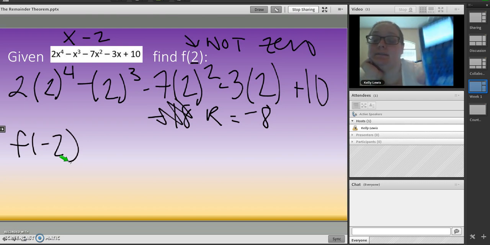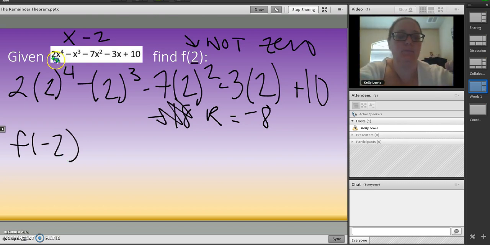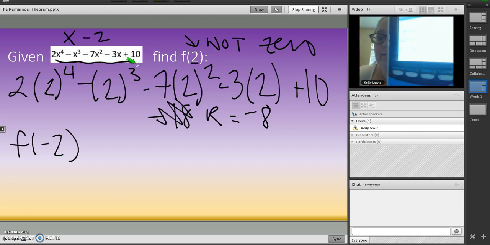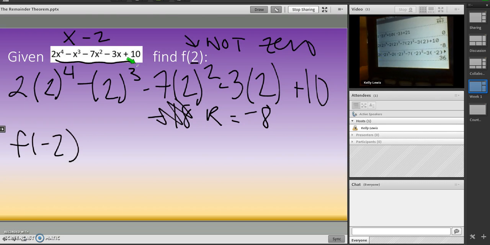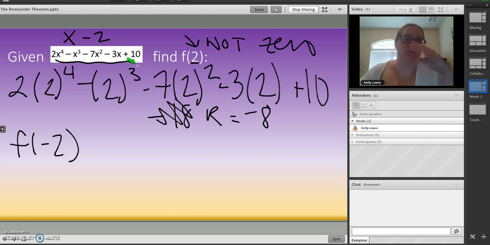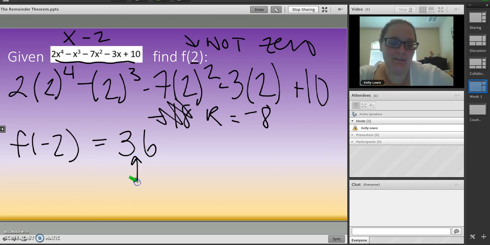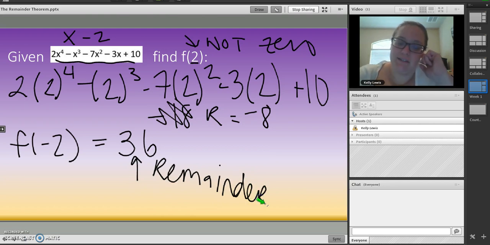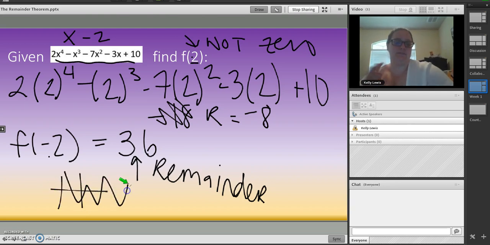I must have typed in something when I typed this guy in. Anyway, so I did -2. I got 36. So -2, just so you know. All right, so this is the remainder. Also, you could say that 2, -8 or -2, 36 are the coordinates on this polynomial, like wherever it's graphed.